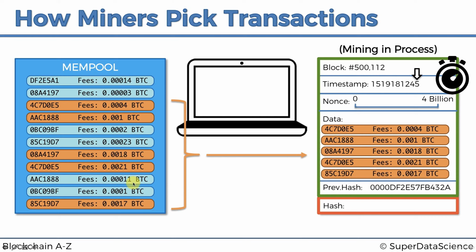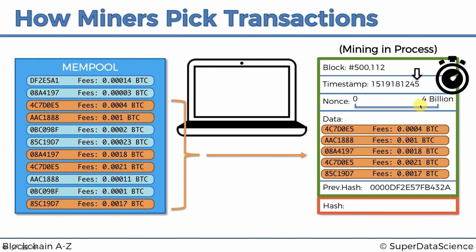So your wallet will usually help you identify what the current average fees are, and what you need to input in order for your transaction not to get stuck in the mempool. So that's just another thing to know. Okay, so that's how miners pick transactions, and now we know there's actually a couple of things that change in the block.